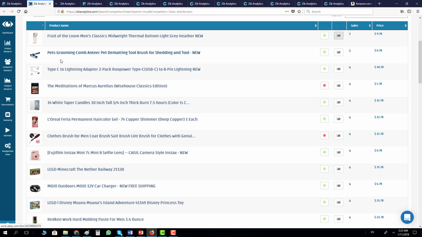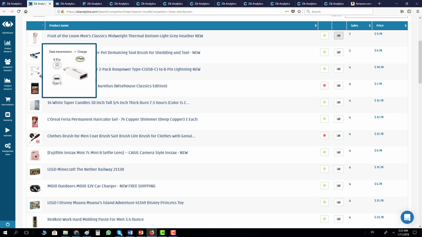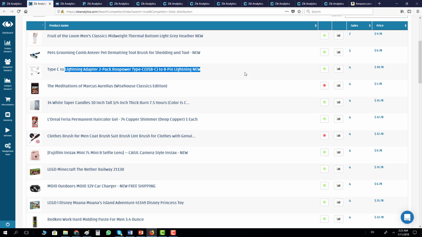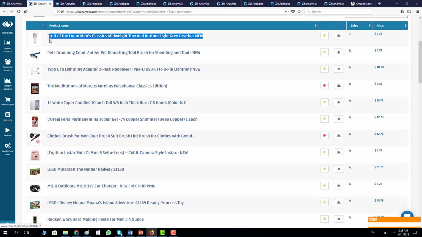Second thing, of course, we also want to check the pictures to see if this is a dropshipper or not, to be sure. Here we see white backgrounds, so they're probably dropshippers. We want to check the titles. It is very important for us to take the titles and the number of sales, of course, and the selling price. Titles help us to understand if this seller is a good seller, if this seller is investing in his listings.